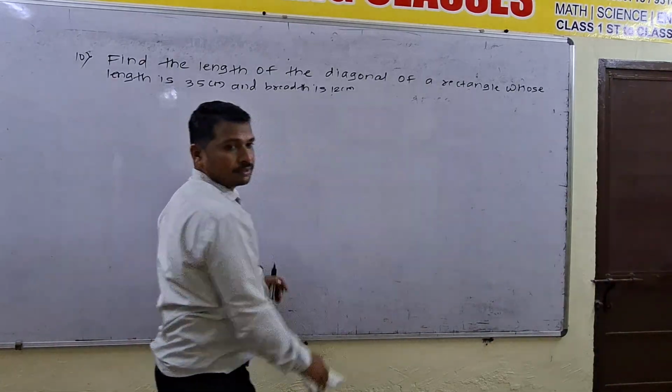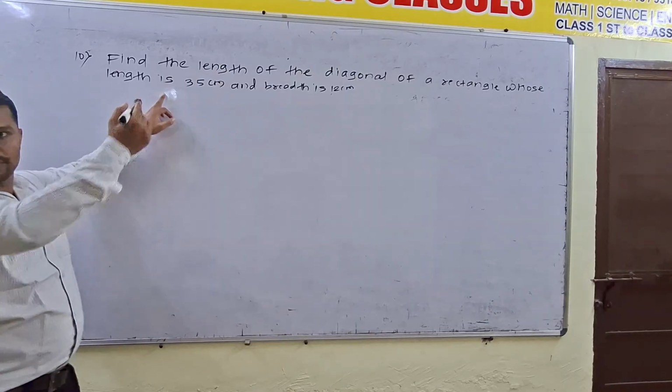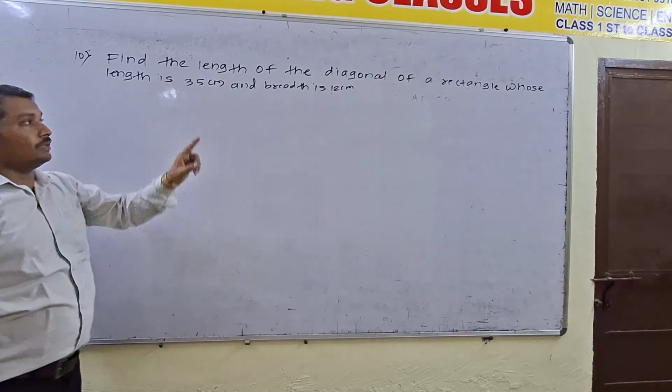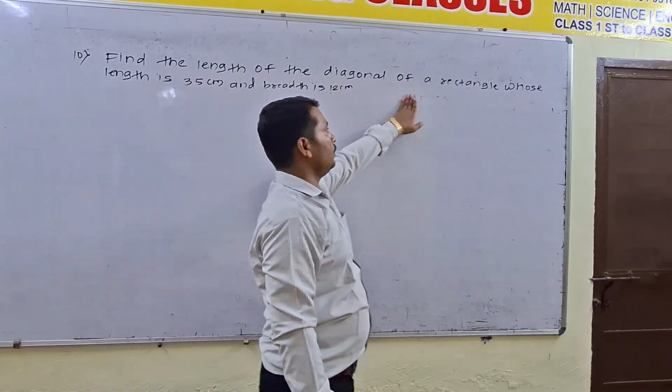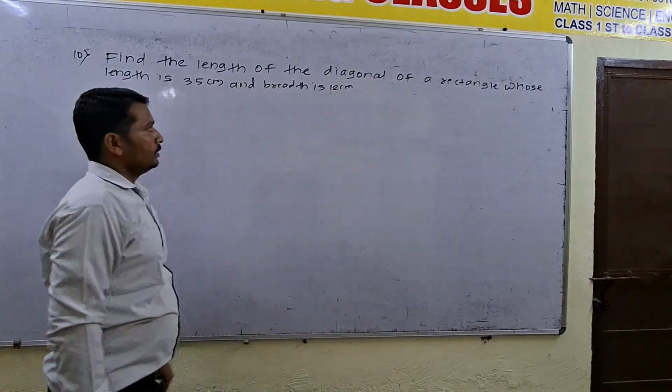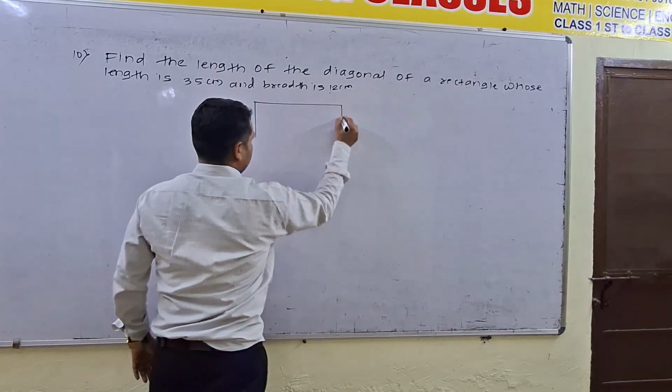Look at the boards. Read the question, second question answer. Find the length of the diagonal of a rectangle whose length is 35 centimeter and breadth is 12 centimeter. So look at here.